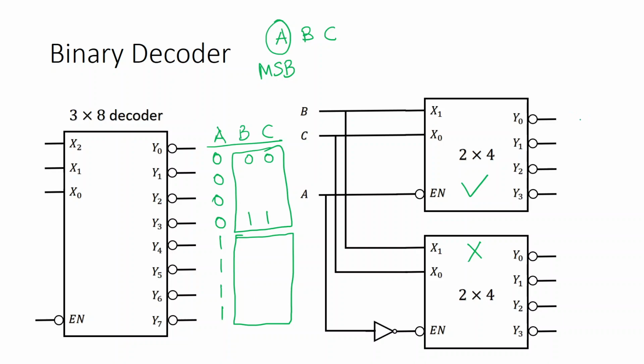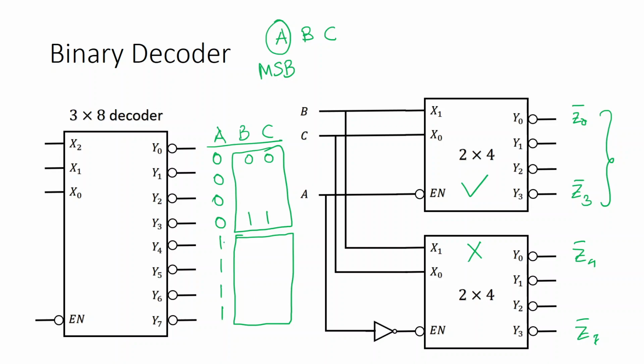So let me represent the outputs as something else, maybe Z. Z0 bar you are getting here, Z3 bar. Now this is Z4 bar and ultimately Z7 bar. So when this is activated, depending on your BC, so this BC is going into X1 and X0. Depending on your BC, one of these output pins is getting active low.